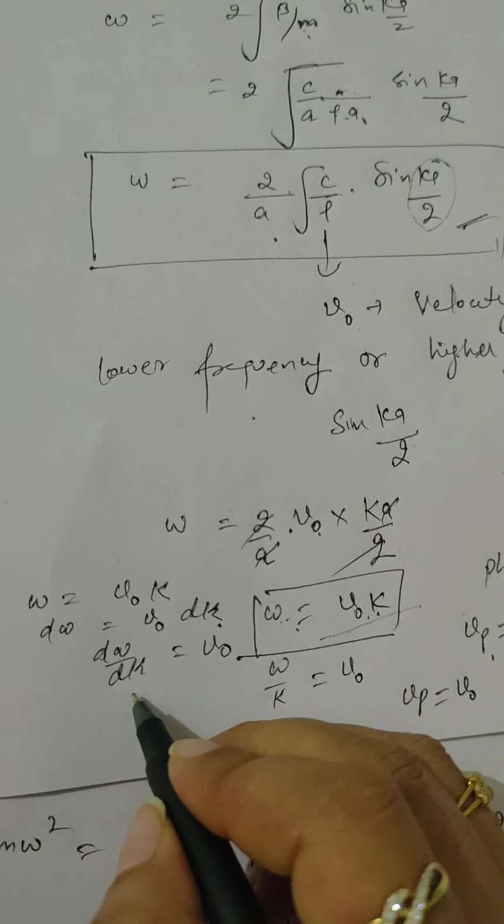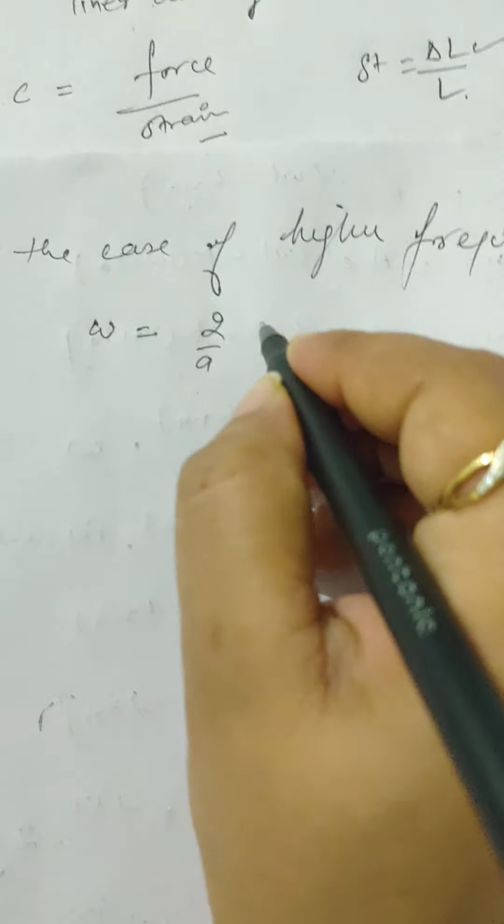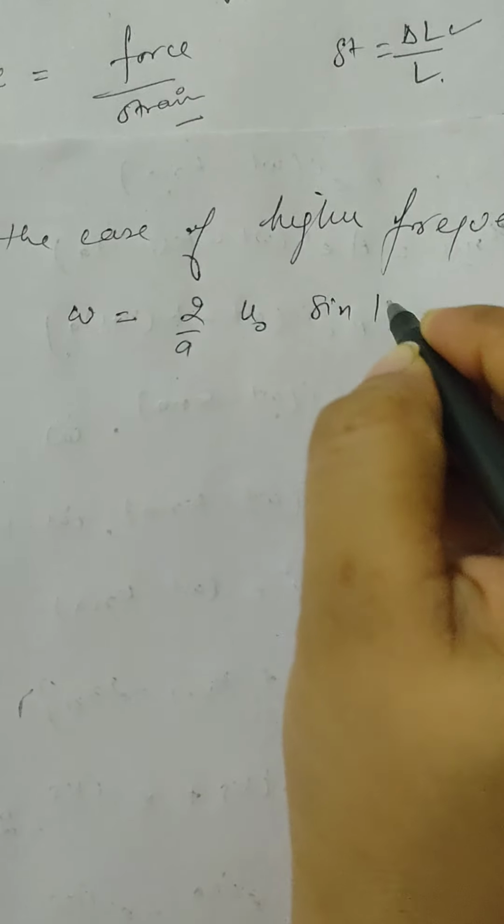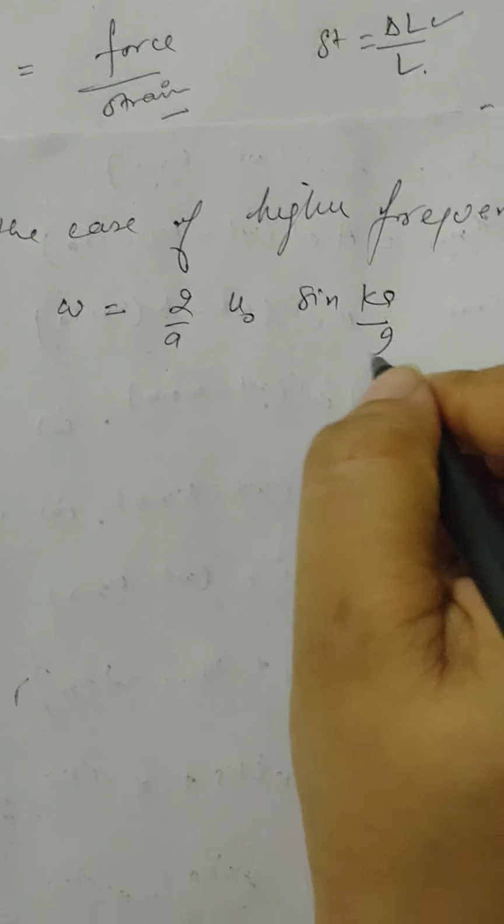Similarly, if we go for the case of higher frequency, omega is equal to 2 by a v naught sine ka by 2.